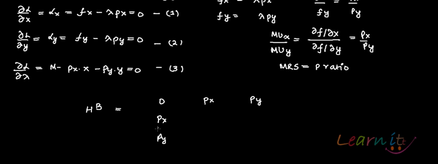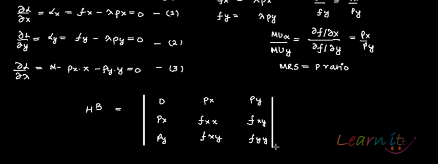These are the first order partial derivatives of the constraint, and these are the second order partial derivatives of the objective function. So fxx, fxy; fxy and fyy. So this is the matrix, and you will try to calculate the determinant.